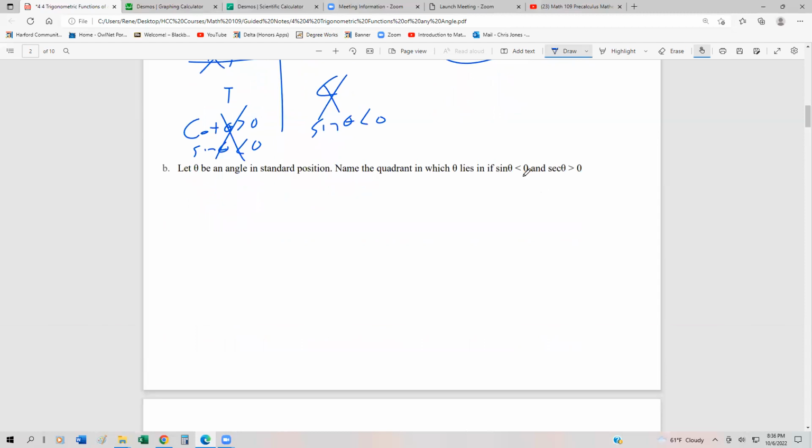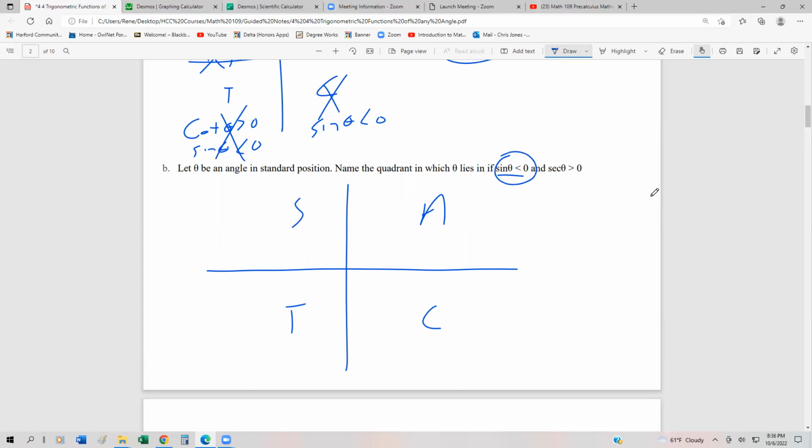Now, what if sine is less than 0 and the secant is greater than 0? Here's what I do. I have my all students take calculus. Right away, if sine is less than 0, it can't be quadrant 1, and it can't be quadrant 2.